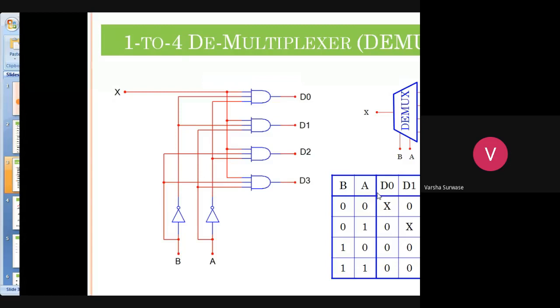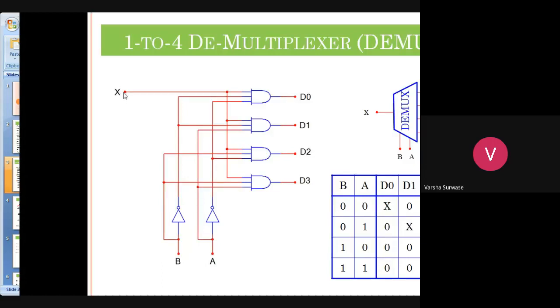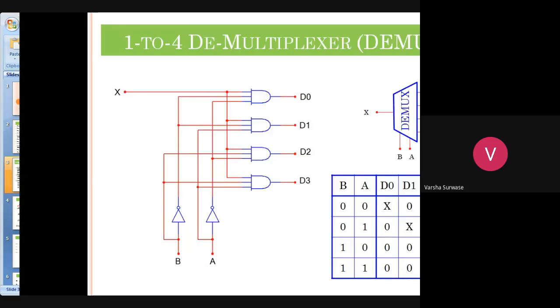Like a mux, you can design a demux by using the basic gates. Only one input is there and four outputs. So it is a 1 is to 4 demux. X is the input, A and B are the select lines, and these are the data output lines D0, D1, D2 and D3.